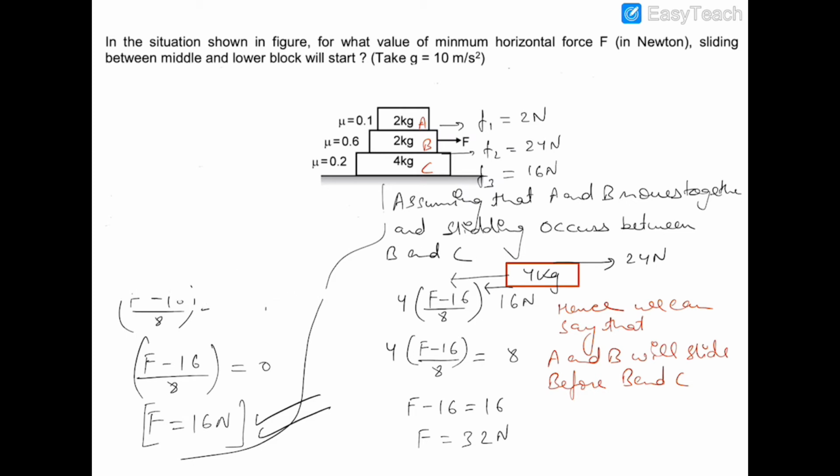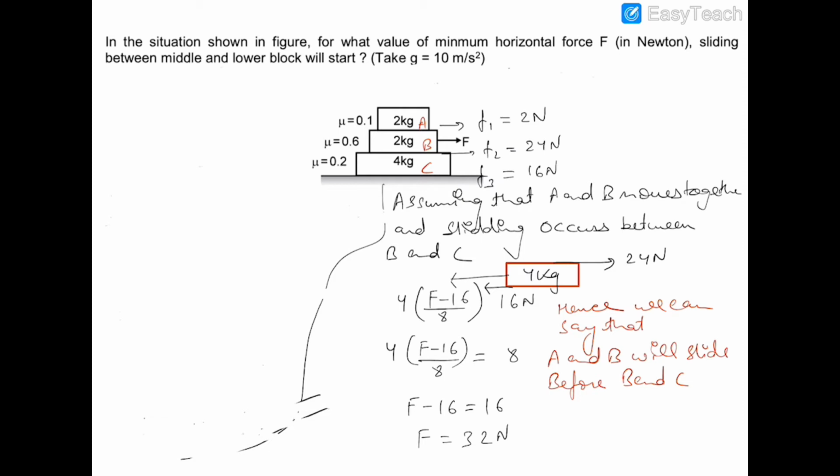Okay, now I know that A and B will slide before B and C, and when B and C will be sliding, then A and B will be already in the sliding mode. Therefore, all these three frictions will be acting to their limiting values, maximum values, and hence if I find out the acceleration of block B, I have to draw the free body diagram.